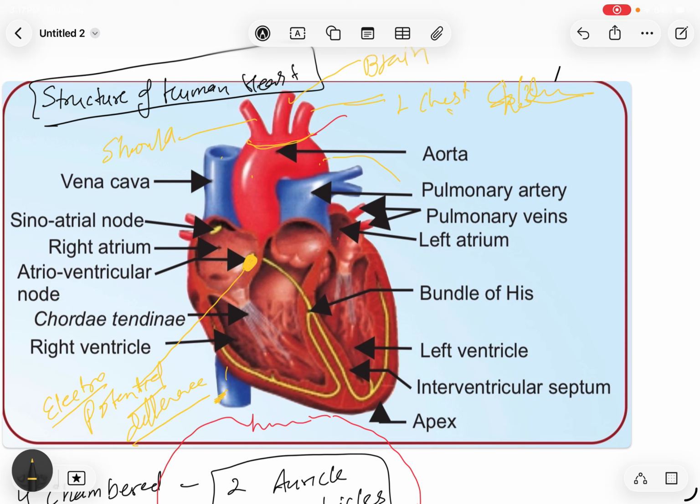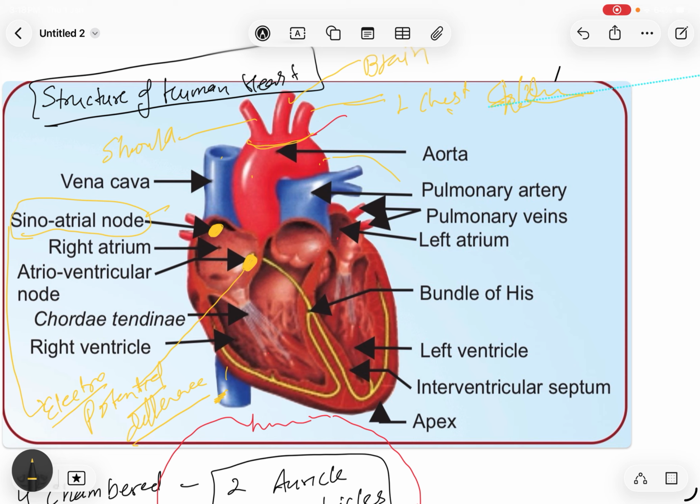This place is towards the upper side of the right auricle. This is known as the sinoatrial node, and this can produce an electropotential here.